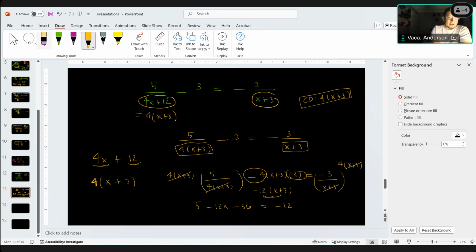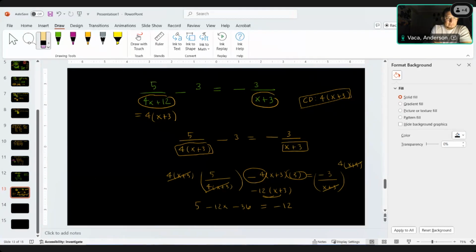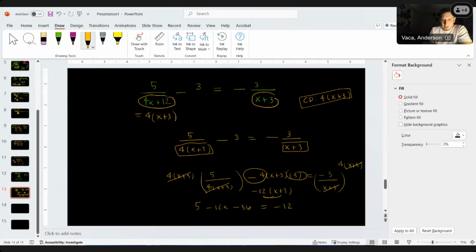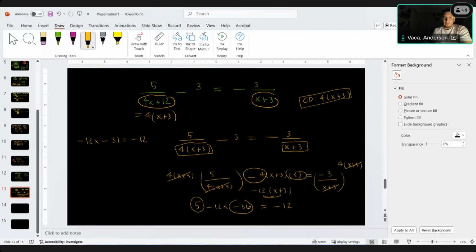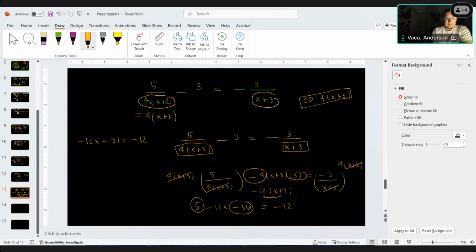So let me make some room so I can finish this out. Here we can combine like terms. So we get negative 12x minus 31 is equal to negative 12. Negative 36 plus 5 will be negative 31.